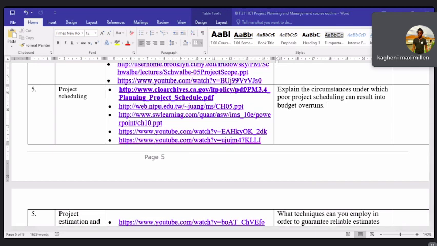Because a project has very many activities to be accomplished, it comprises multiple tasks, and the completion of these multiple tasks results in the completion of the entire project.